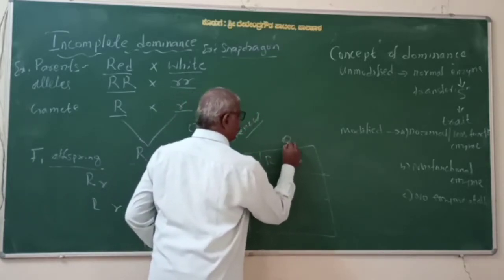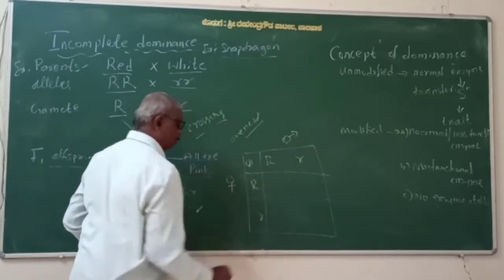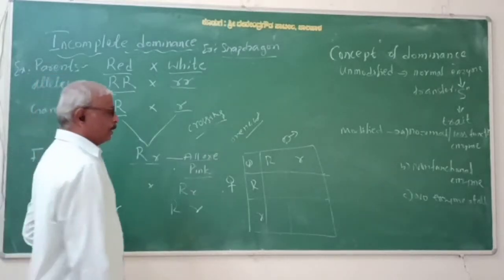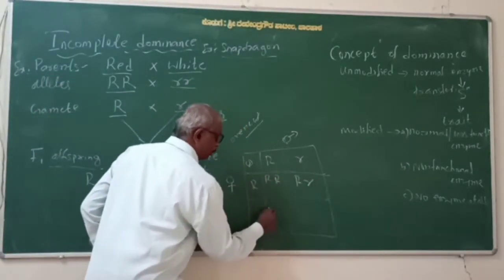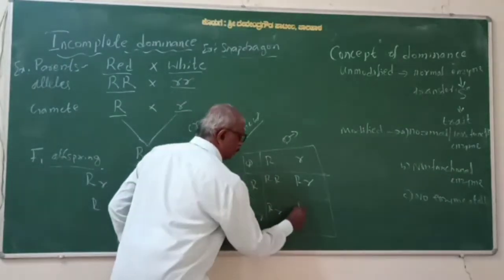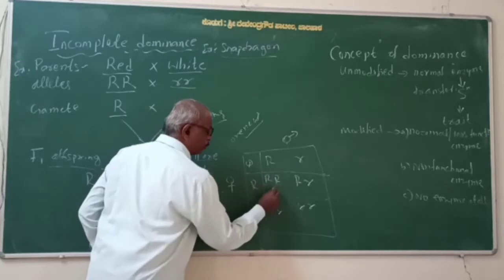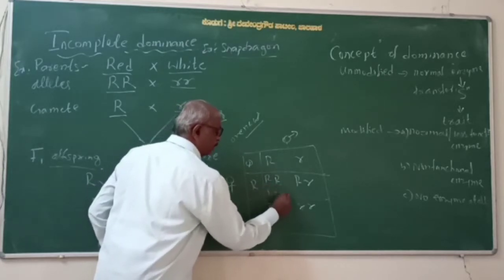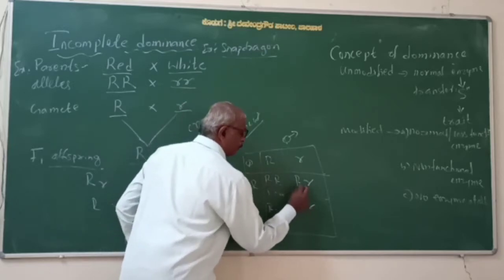Consider that the male is crossing with the female, capital R small r, capital R small r. So then we get capital R capital R, capital R small r, capital R small r, small r small r. So this one is 100% both are there. We say this is the red colored one, and see the different one, capital R small r.